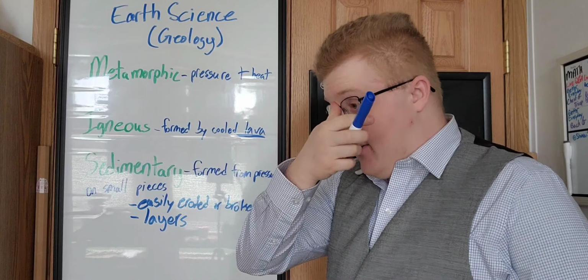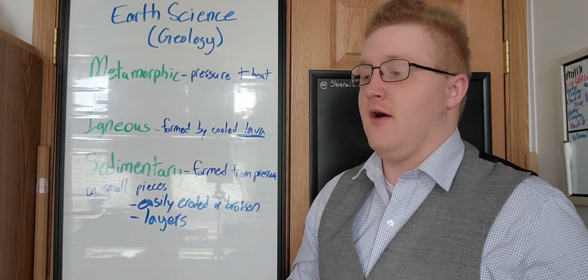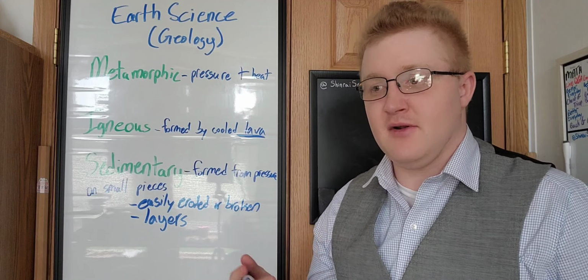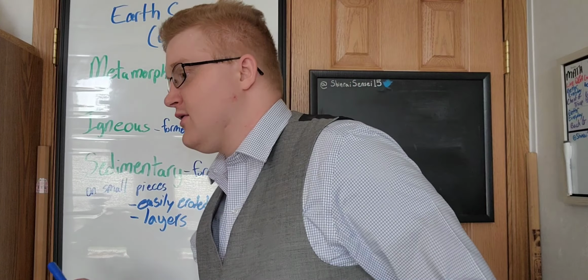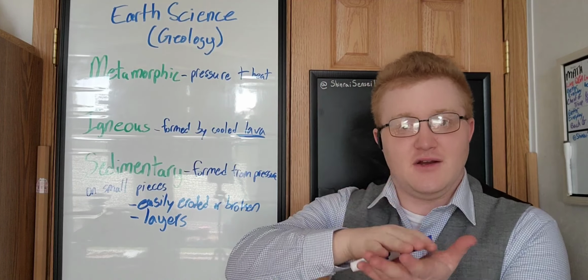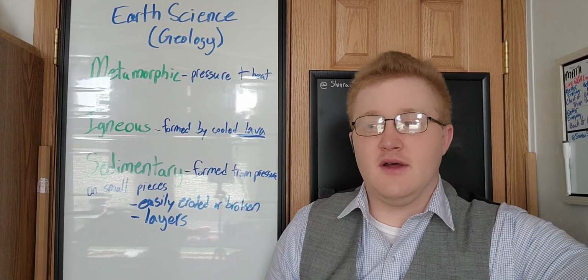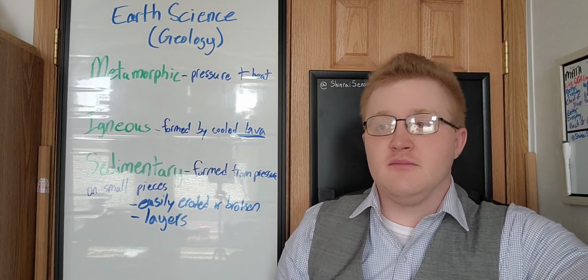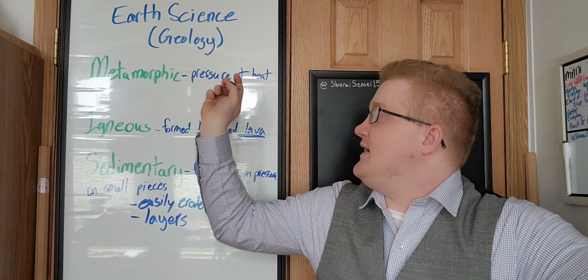Metamorphic rock. Now, metamorphic rock is going to be formed from processes deep under the surface, right? So the sedimentary rock is going to be the surface compressing itself down and down and down over however many thousands of years, until eventually it's just solid. But the metamorphic rock requires pressure and heat.